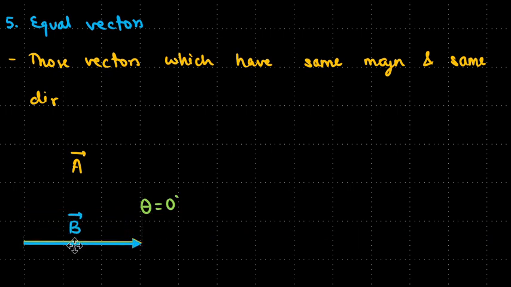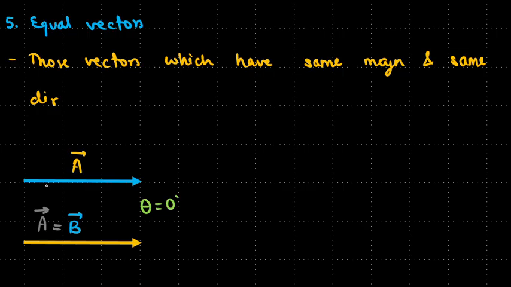So I can actually overlap them, which means this vector B must also be equal to vector A, which means they are the same vectors, just placed like this. So these are equal vectors.